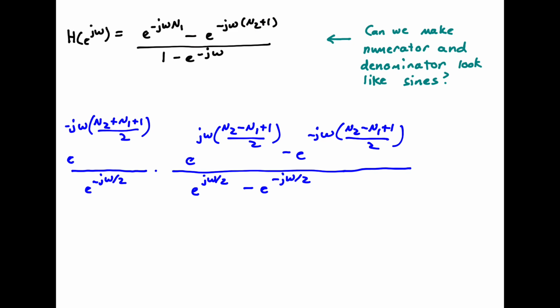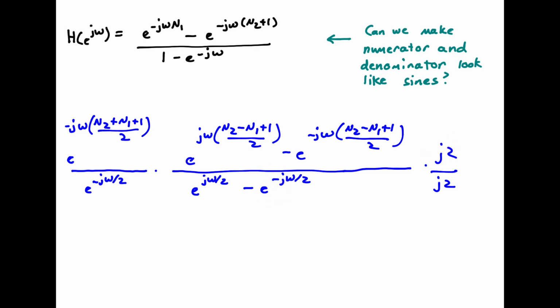Now, though, this term, technically we would need to have a j2 term on top and a j2 term on bottom, so that this over this looks like sine, and this over this looks like 1 over sine.